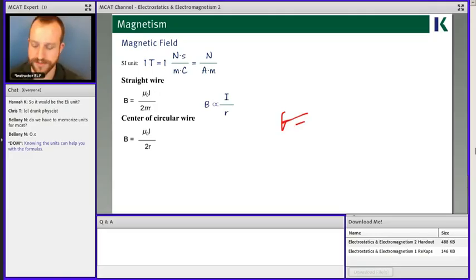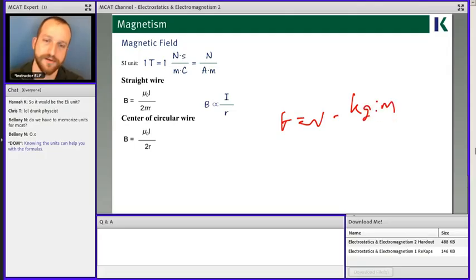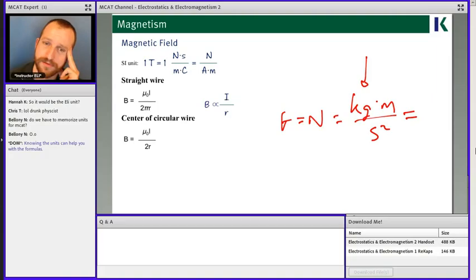Right? Force, we know, is a Newton. And a Newton is a kilogram meter per second squared. Now, kilogram meter per second squared, that looks like I've got a mass here, and I've got acceleration.